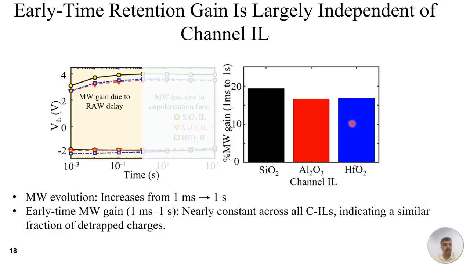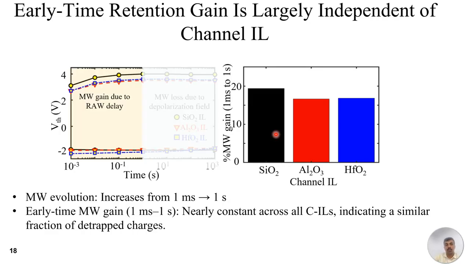What this suggests is that the fraction of trap charges that are getting detrapped is nearly identical regardless of the channel interlayer material used, which is evident from the identical percent memory window gain.